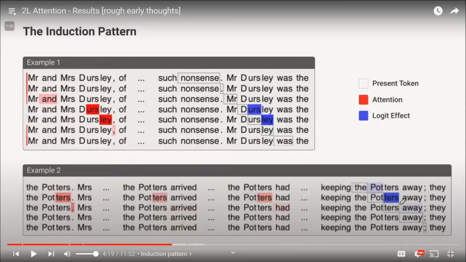I just want to check, because he didn't really explain what these pictures are showing. If your screen resolution is good enough, on the right-hand side you will see a little gray rectangle around a word, and that's the query word. If you're looking at nonsense, what is it attending to? If you look at the period, what is it attending to?